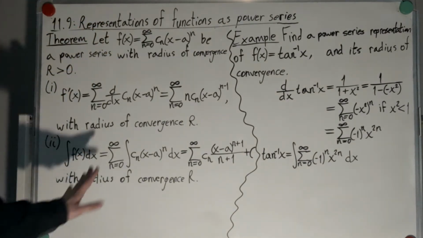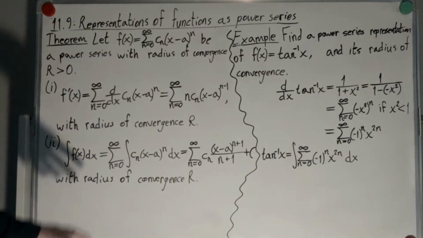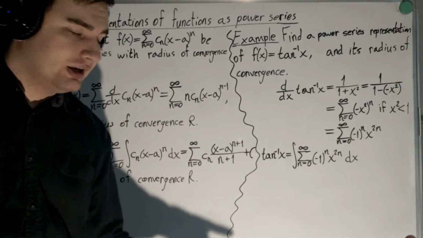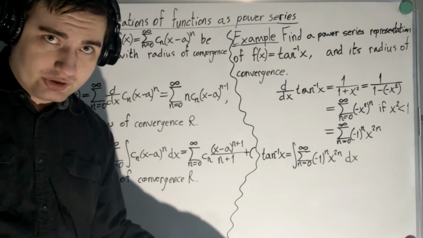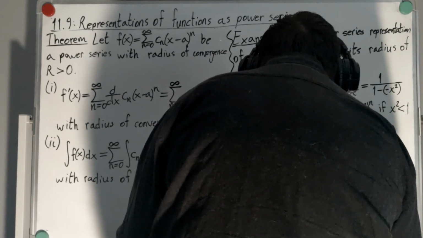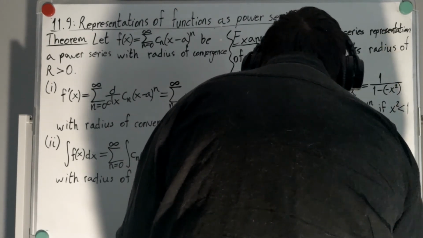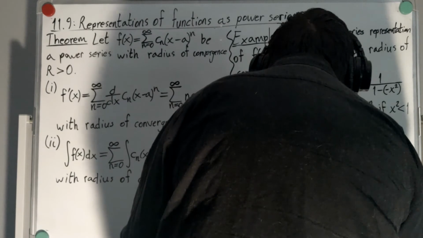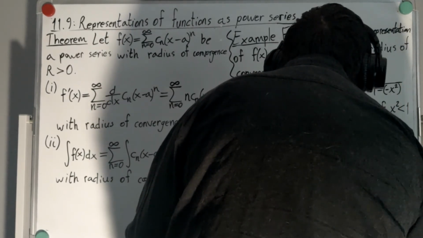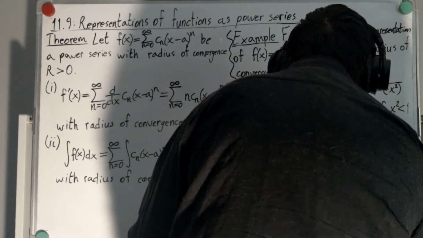According to this theorem, we can just take the antiderivative of each term individually, which means doing the power rule on each term. So this becomes the sum from n equals 0 to infinity of negative 1 to the n times x to the 2n plus 1 divided by 2n plus 1.